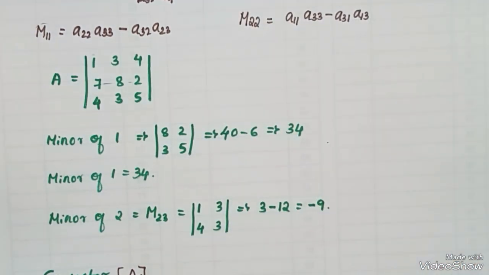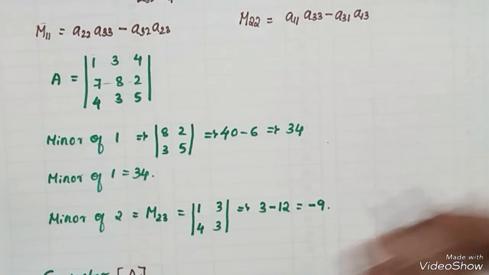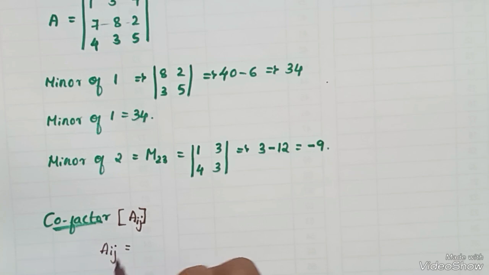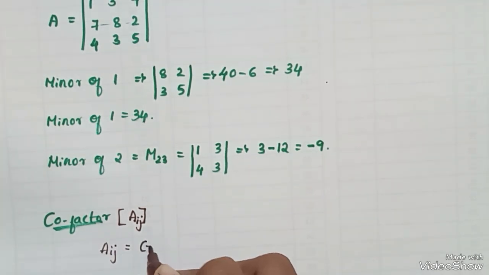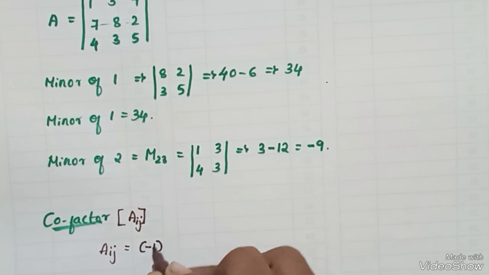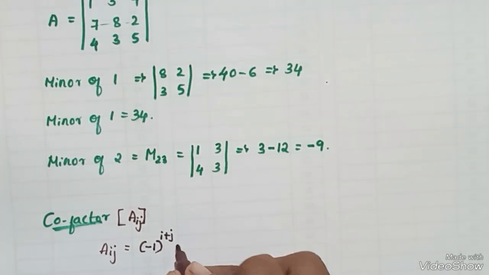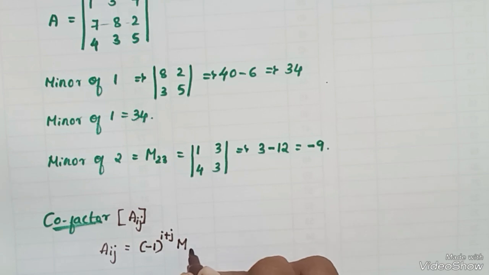Here, the cofactor Aij, the cofactor of an element, is equal to minus 1 to the power i plus j into the minor Mij.